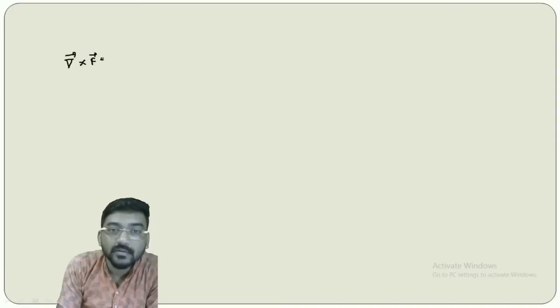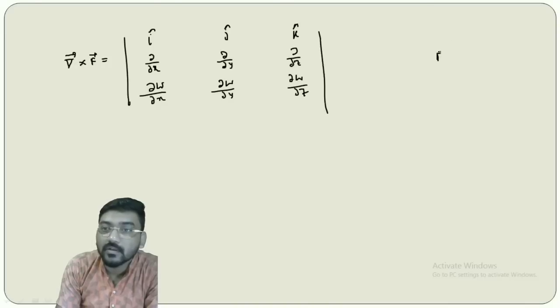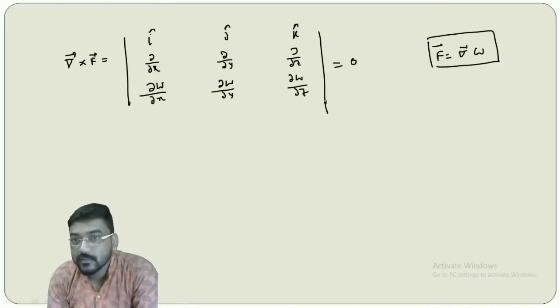Curl of f means the determinant with i, j, k, del del x, del del y, del del z, and fx, fy, fz. And fx, fy, fz can be written as del W del x, del W del y, del W del z only when f is equal to gradient of W. And that's why this will be 0.